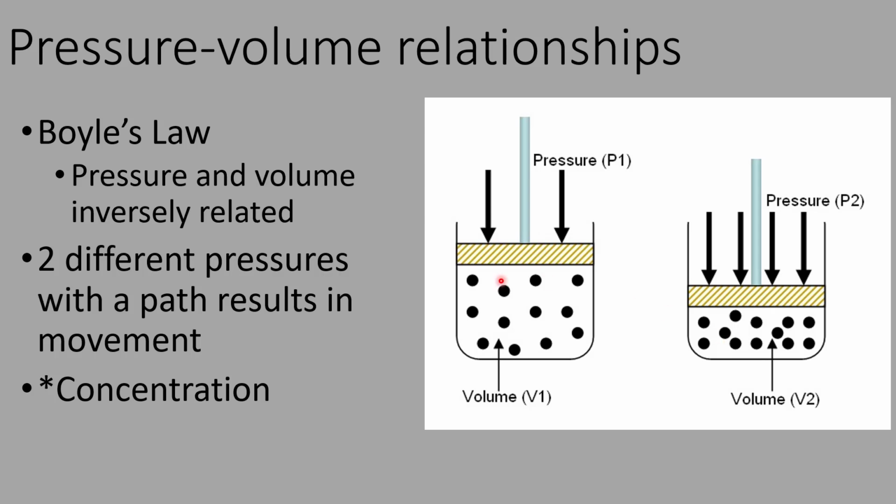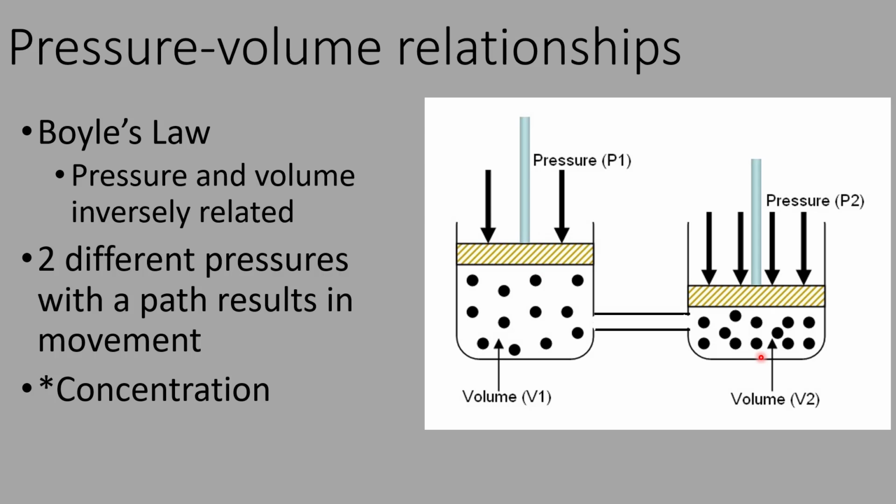Let's say this container is bigger, it has a greater volume, and the pressure inside is pretty low. This second container has a smaller volume, and the pressure inside is pretty high. So we have two separate containers. The pressure inside them is different. Low pressure on the left, high pressure on the right.